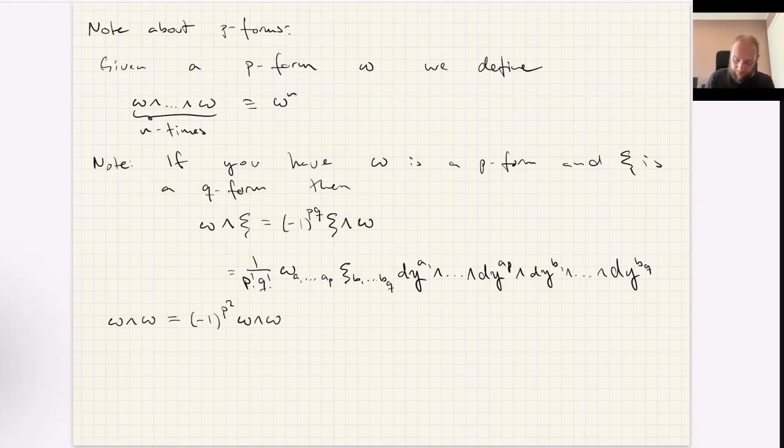So if p is odd, this implies that omega wedge omega is equal to 0, but in general, if p is even, it's just a statement saying that omega wedge omega is equal to omega wedge omega. So in general, we are not going to run into those problems for even forms, which is what we will be using in the next hour.